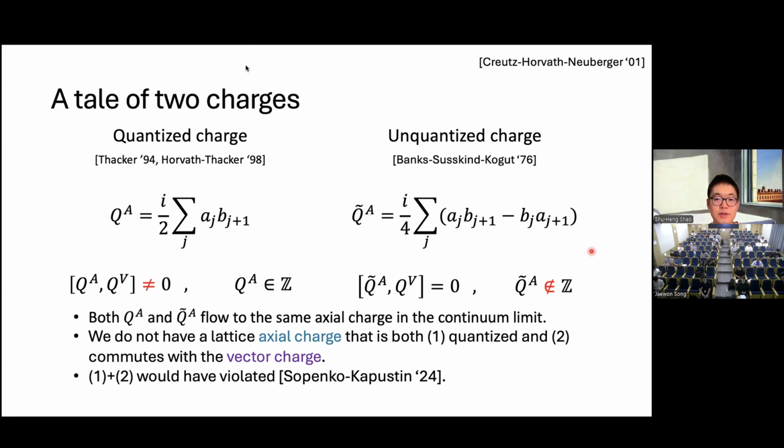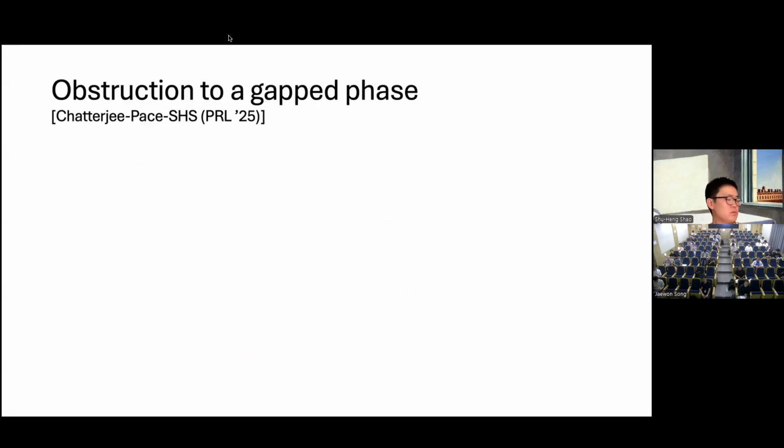Okay, any other question before I proceed? Great. All right. So we talk about axial symmetries on the lattice, but in the beginning, I said that in the continuum, there's an anomaly between the axial and the vector symmetry. So it's natural to wonder, is there something like an anomaly on the lattice?